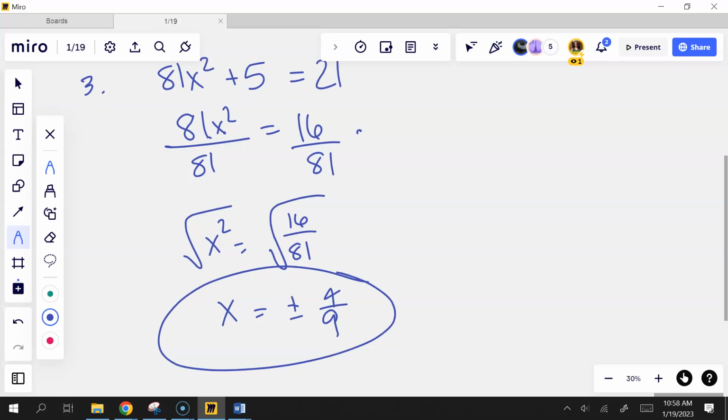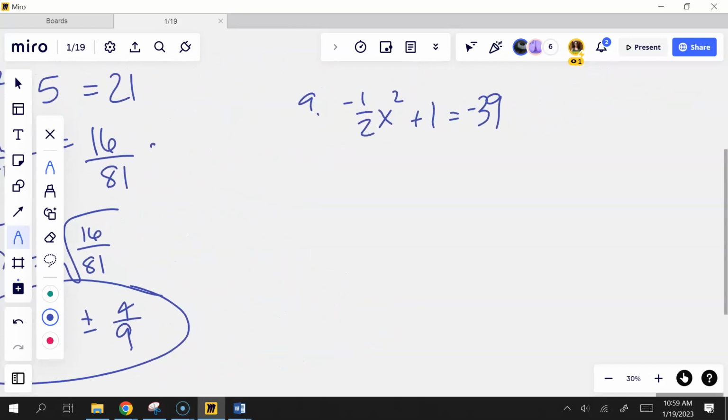Try number 9. If you can get number 9, I'll shut up. It's a fraction. It is. It's going fast. Anybody get it?